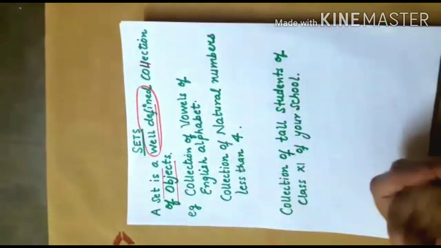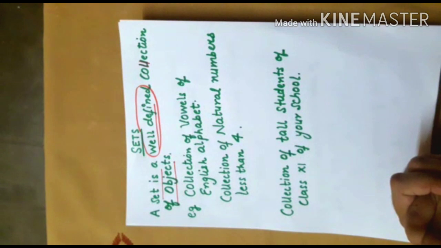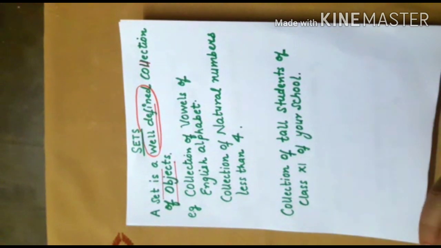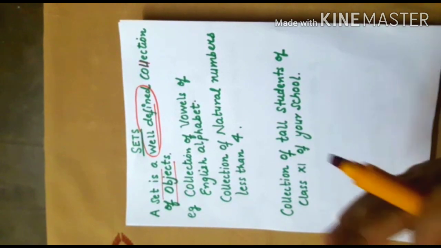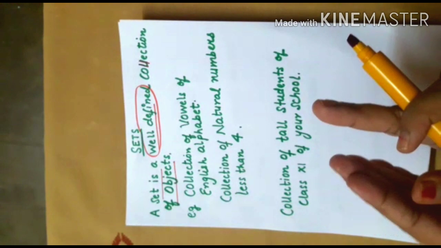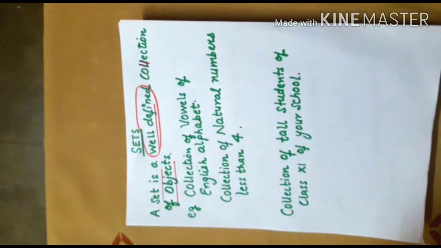A collection is said to be a well-defined collection if, given a collection and an object, we are able to decide clearly whether that object will belong to that collection or not.